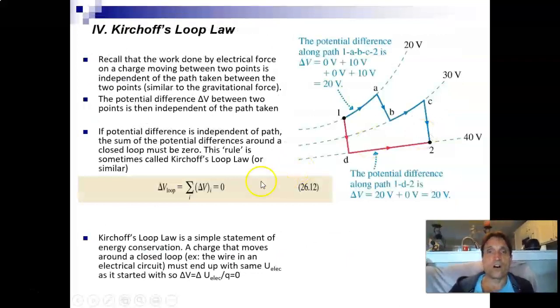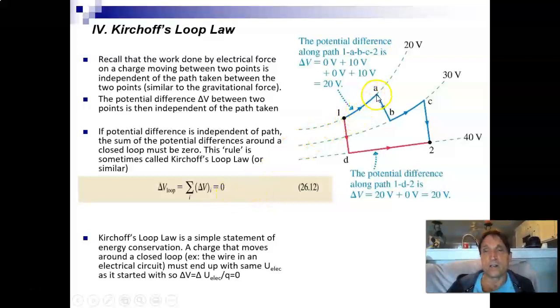And this is what's called Kirchhoff's loop law, or some people call it Kirchhoff's voltage law. It means if you calculate all the changes, delta V, acting on a charge as it goes around a complete loop, they have to add up to 0. It has to start and end at the same potential. All of this is a statement of conservation of energy, right?